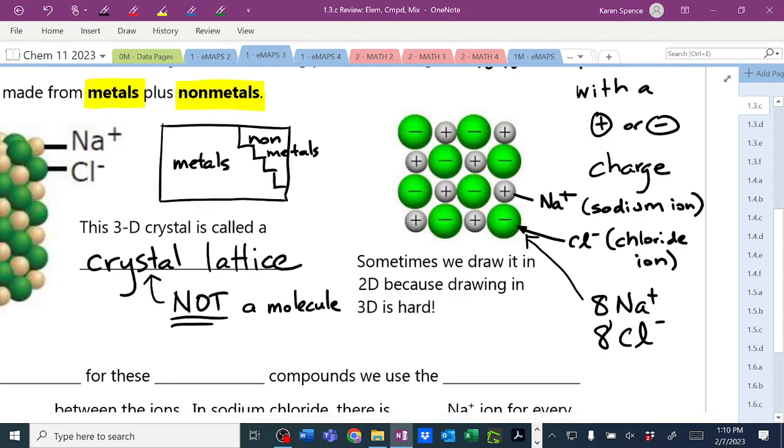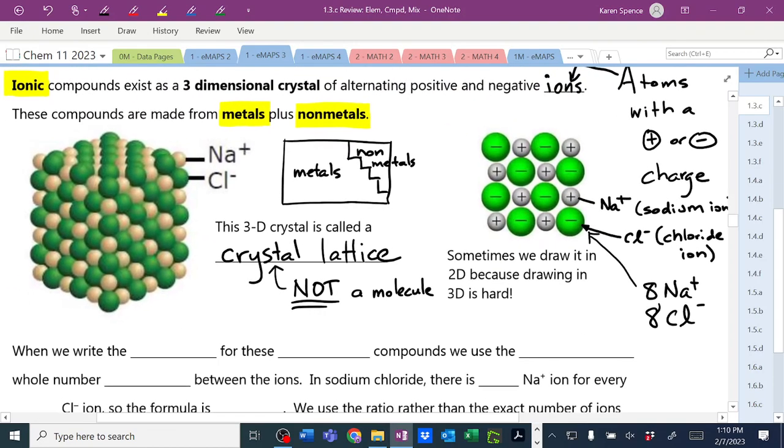But we could have a bigger crystal over on the left that has, oh my God, okay, let's count them. 1, 2, 3, 4, 5, 6 by 1, 2, 3, 4, 5, 6, 7 by 1, 2, 3, 4, 5, 6.